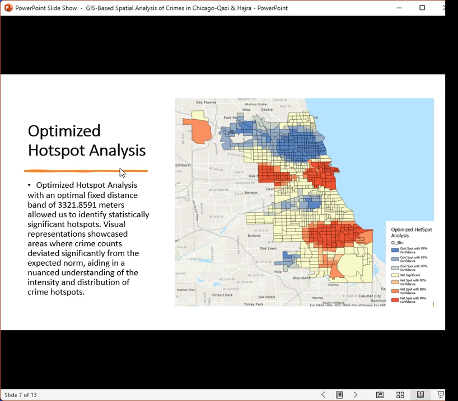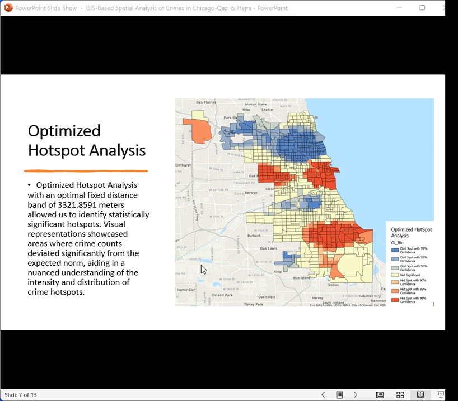So for the optimized hotspot analysis, it is used to identify statistically significant hotspots and cold spots.